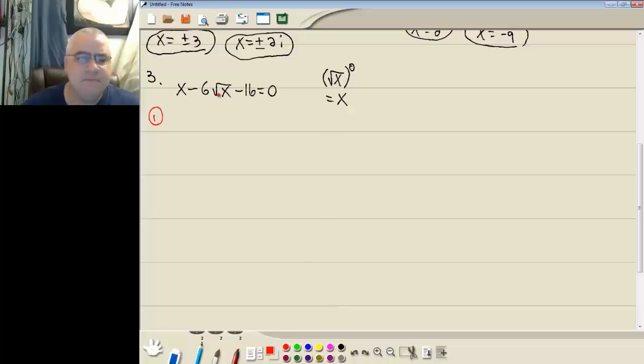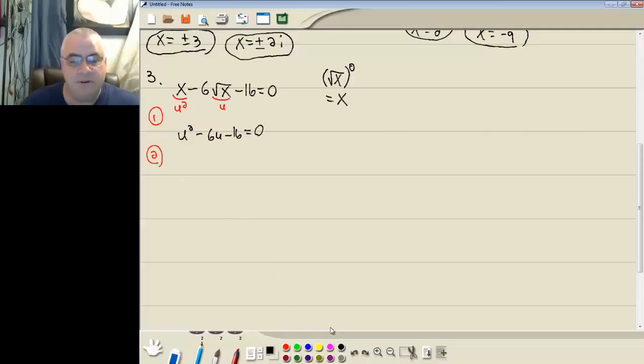Step 1. Let the middle part be equal to U, so this is going to be equal to U, and the first part be equal to U squared. So this becomes U² − 6U − 16 = 0.